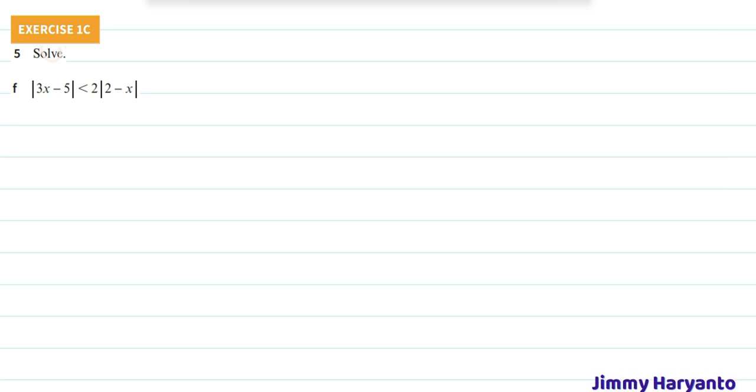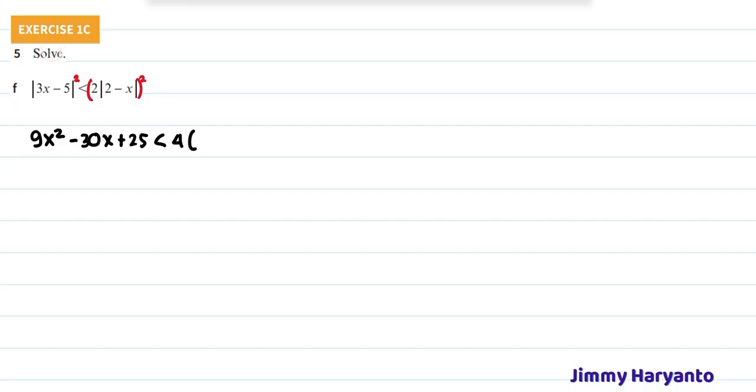Okay, the last question. For this one, we have to square both sides. So you will have 9x squared minus 30x plus 25 less than, 2 squared becomes 4, and then 4 minus 2x, minus 2x, minus 4x, plus x squared.